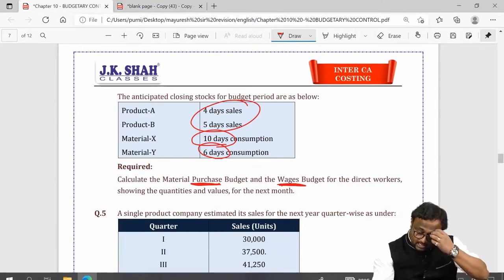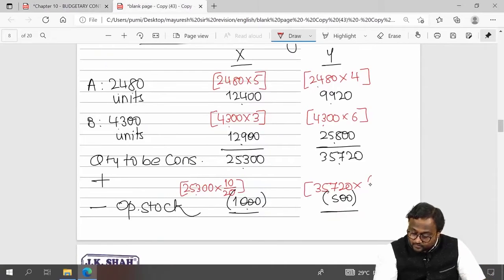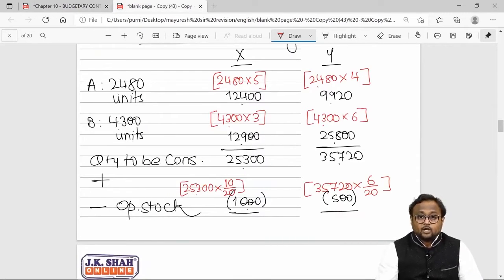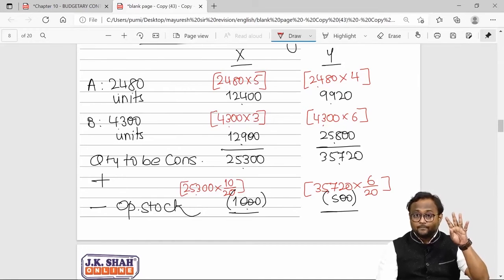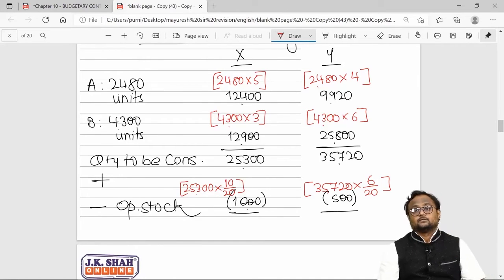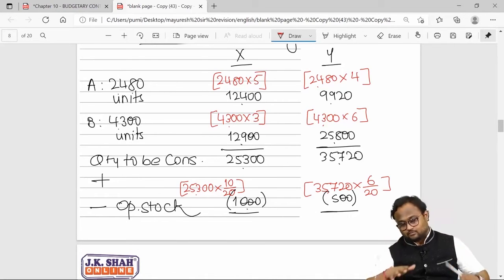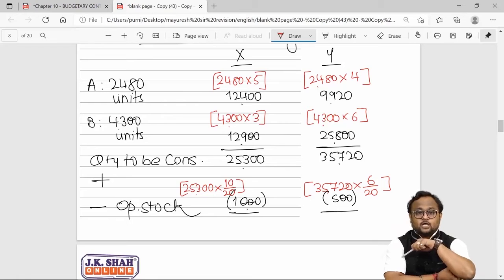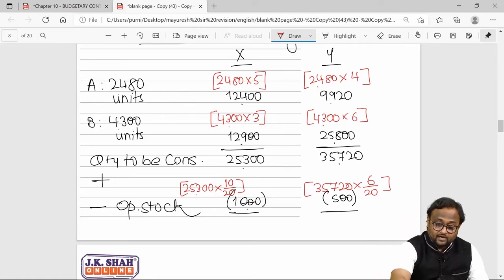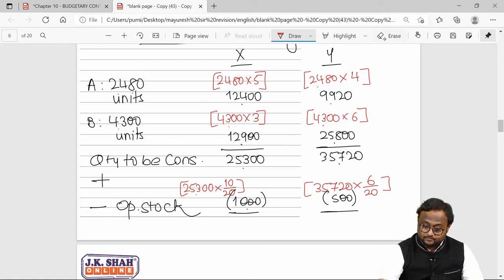10 days consumption and 6 days consumption. Whatever consumption you have calculated is for the budget period, and budget period is 4 5-day weeks. 1 week consists of 5 days, 4 weeks, the total period will be 20 days. So my consumption of 25,300 is for 20 days.